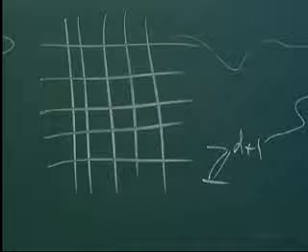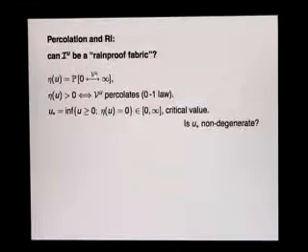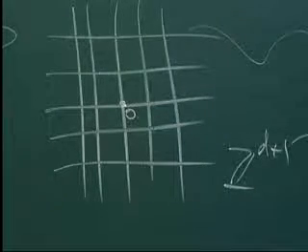So can I^u be a rainproof fabric? To investigate that, you look at eta of u, which is the probability that if you start in 0, you can find a path going to infinity which remains in the vacant set at level u, so which does not meet I^u.